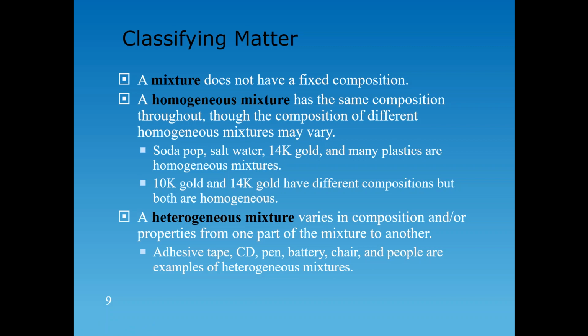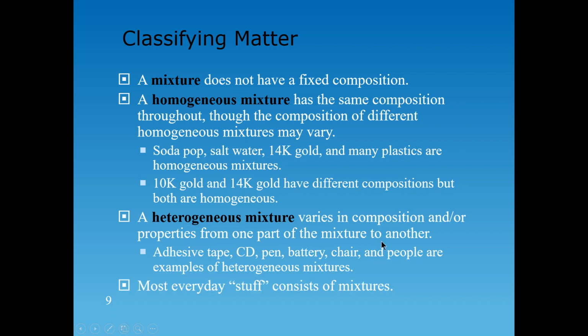You're going to end up with oil at the top and water below. And of course, you'll observe a boundary of separation between the two components, right? So that's an example of a heterogeneous mixture because it's not uniform. The top part contains the oil and the bottom part contains the water. And you see some other examples of heterogeneous mixtures listed here: adhesive tape, a CD, a pen, a battery, and so on and so forth.